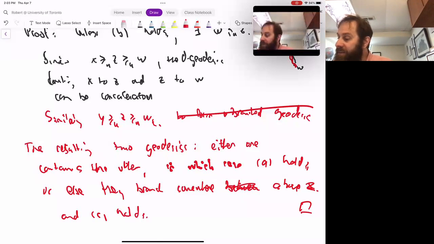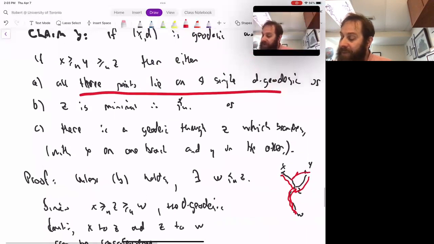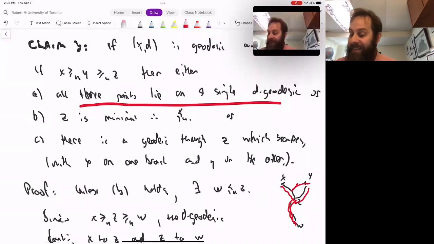And so we did this with minimal elements, but I could do the same thing with maximal elements instead. If I had a Z dominating both X and Y, then either it would be a maximal element or there would be a branch geodesic where all 3 points would be on the same geodesic.